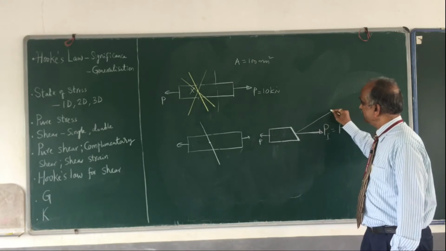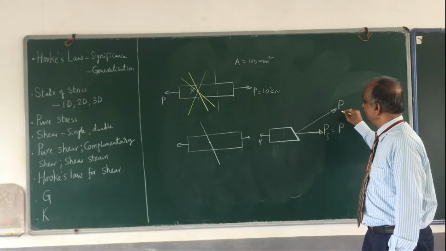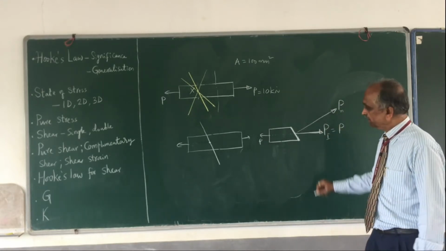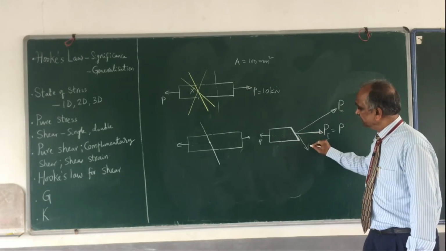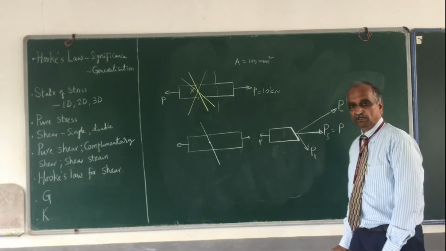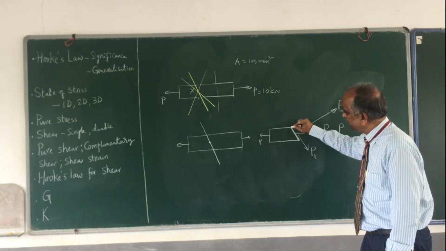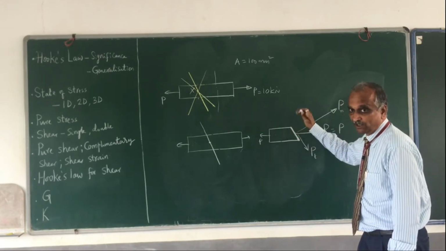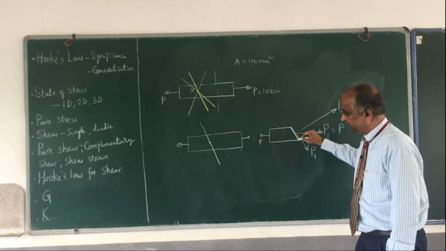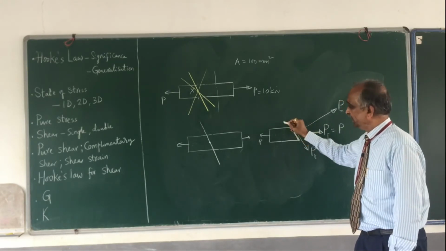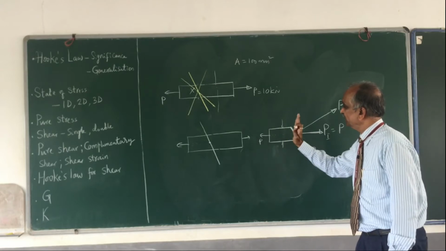Therefore I resolve it. This I call PN, the normal component, and this component I call the tangential component, PT. The tangential component divided by this area, not A, because this area is more than A. A is the cross sectional area if I take a section here.